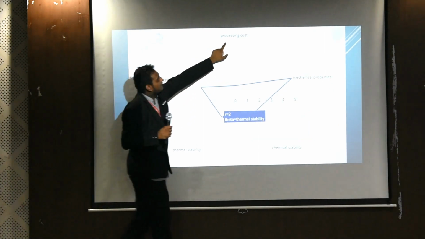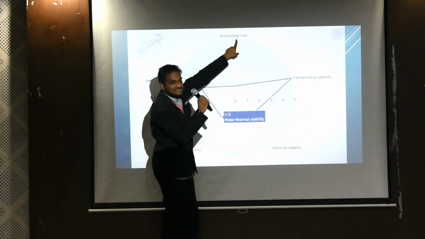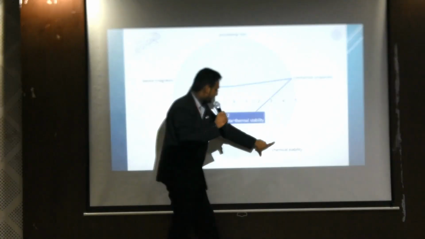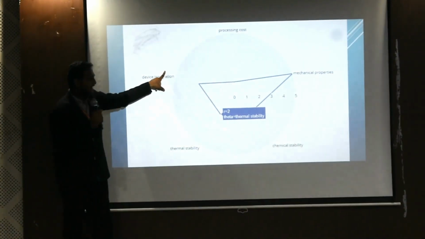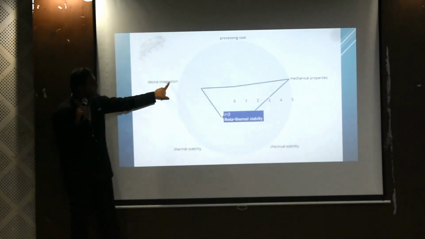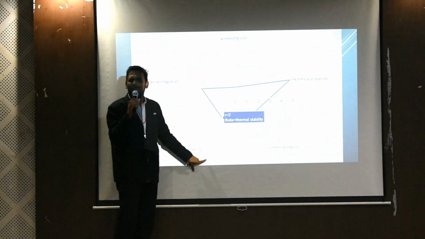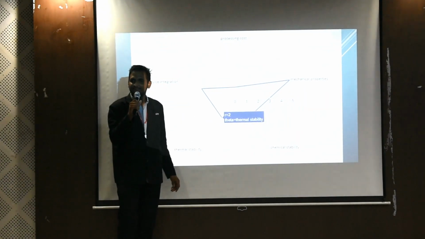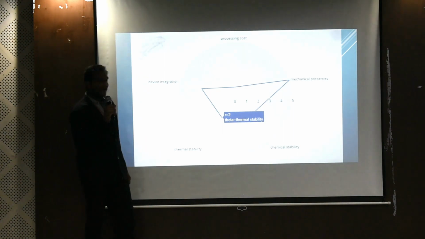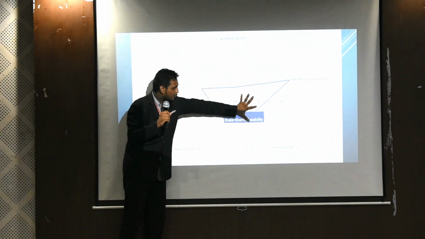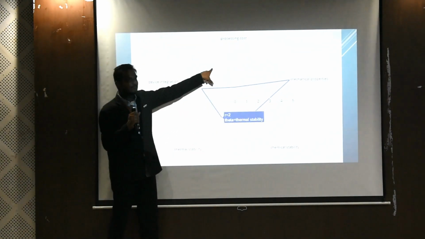Okay, level 1, processing cost, 2, 3, 4, 5. Are you understood? Now tell the pie chart, how many parts have been divided? Are you seeing? 1, 2, 3, 4, 5.